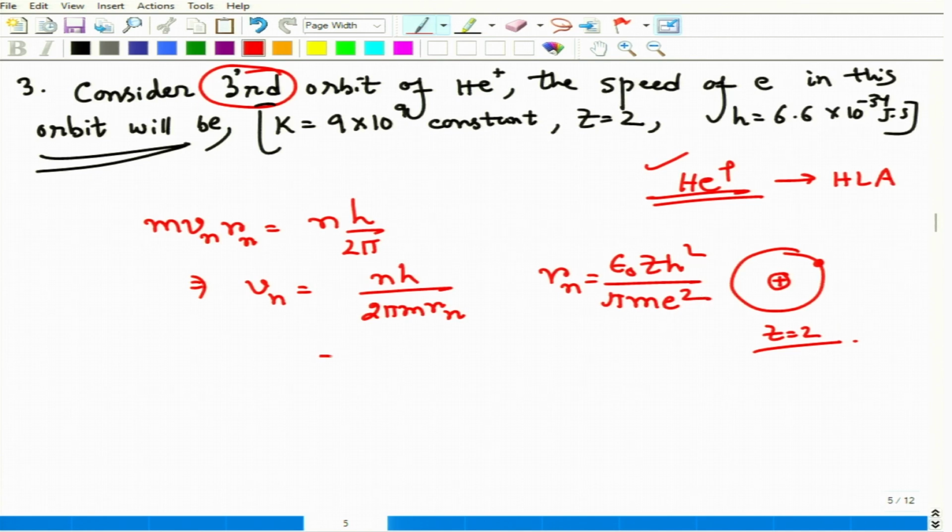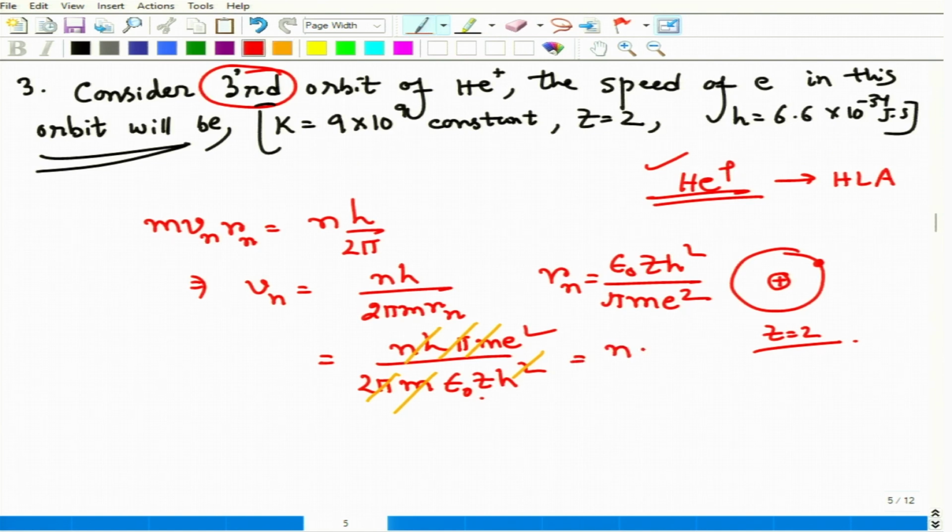If you put it here, then you can obtain 2 pi m epsilon naught h square and pi m square. So pi will cancel out, m will cancel out, and one h will cancel out also. So it will be n square divided by 2 epsilon naught Z h.